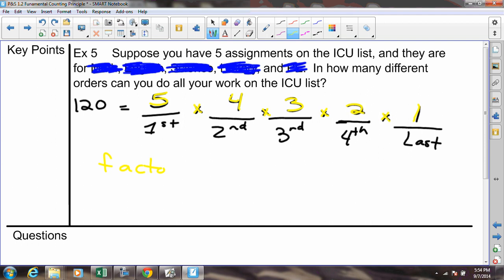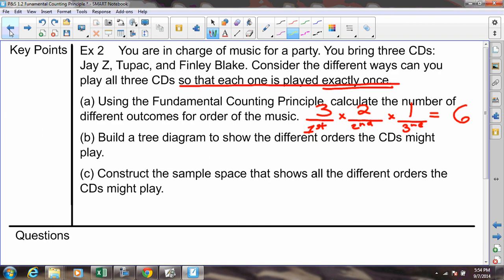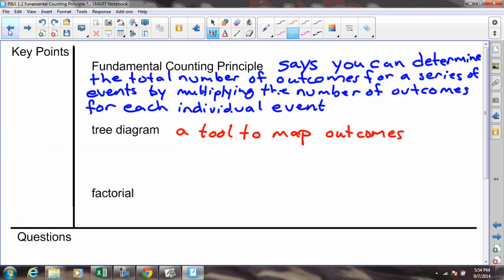That is a factorial. Going back to the beginning, where we had the vocab, a factorial is when you count backwards until you get to 1, and you multiply all the numbers along the way.